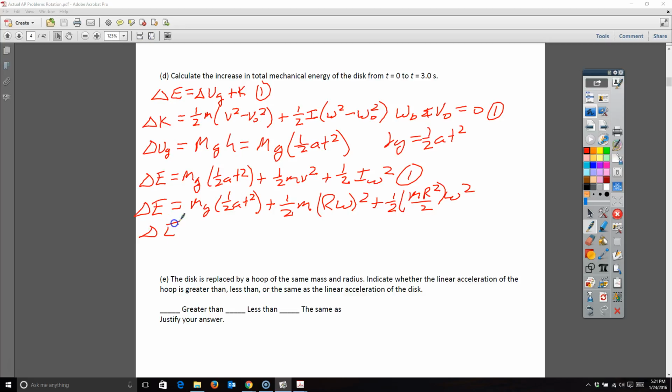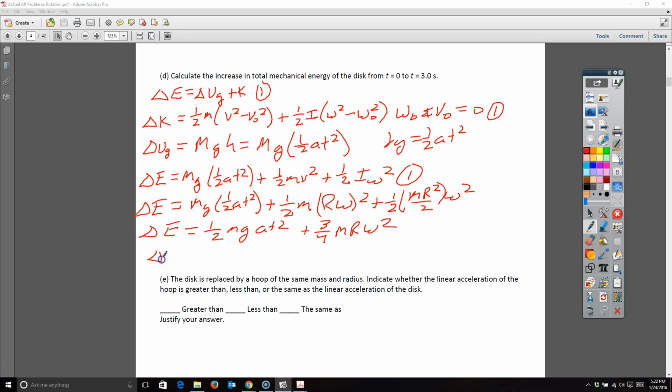And now we can go through and do some combining of some terms, so this would be 1/2 mg at squared plus 3/4 m r omega squared. So that's just from combining everything we had above.